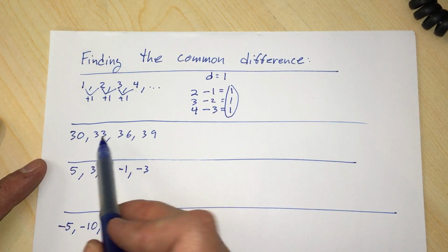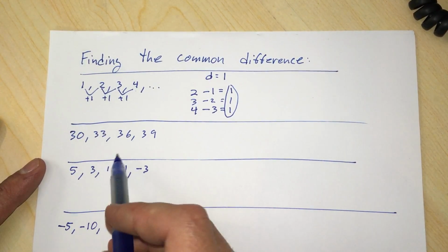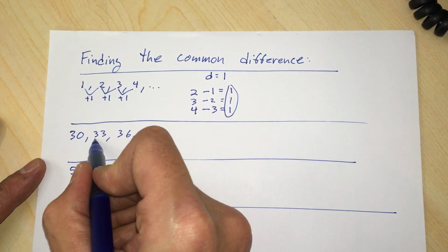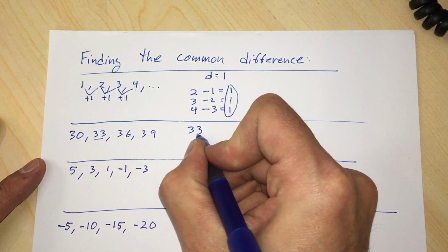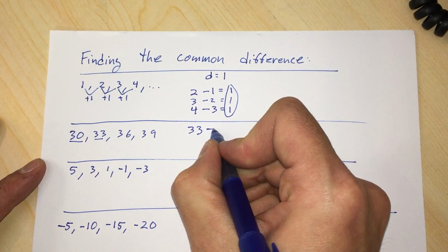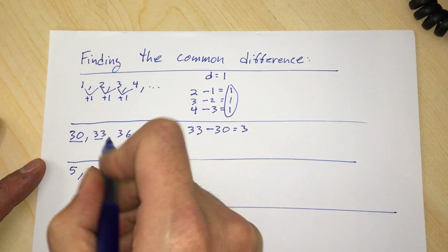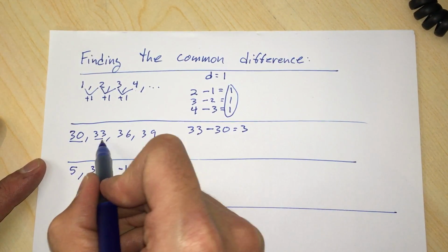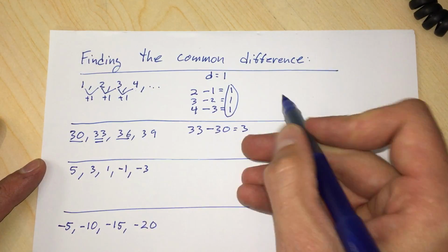So let's say that you wanted to use the subtraction method of finding the common difference. You're going to take the second term, 33, and subtract the first term from it. So minus 30. Well, 33 minus 30 is 3. You're going to then look at the third term and subtract the second one from it.